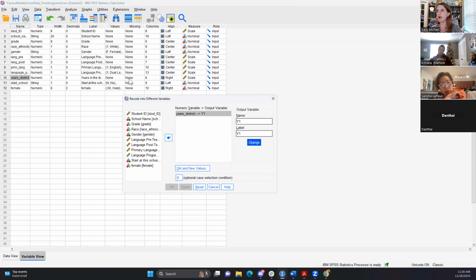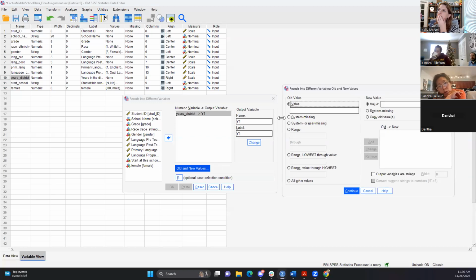What I have to figure out though is, that's where this is confusing, because it says no values here. But I could see it in the frequency output. It's 1, 2, 3, 4, 5, 6. So if you go to old and new values, and the old value is 1, the new value is 1.